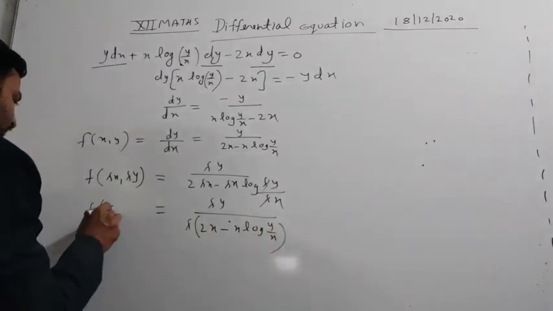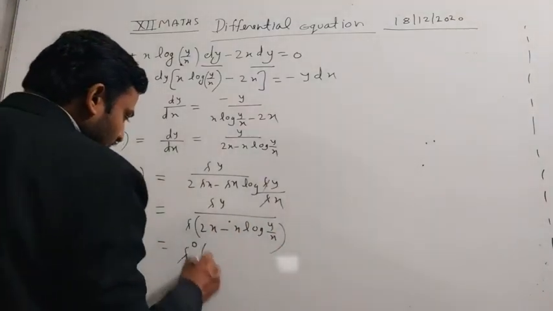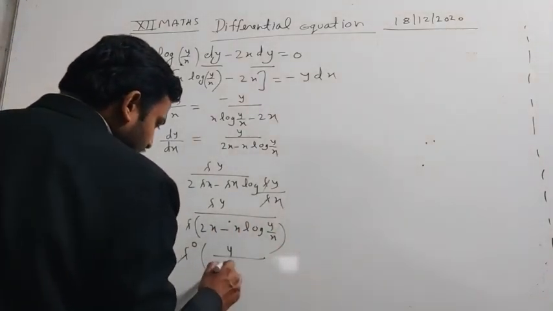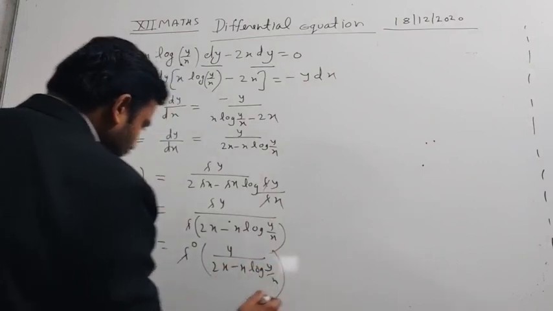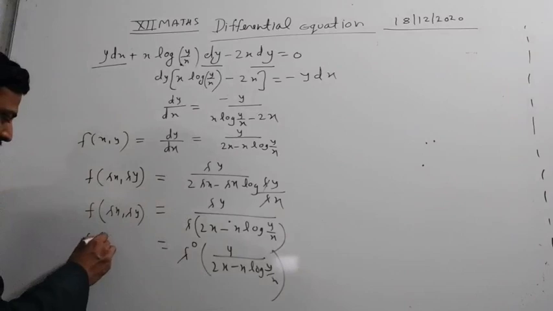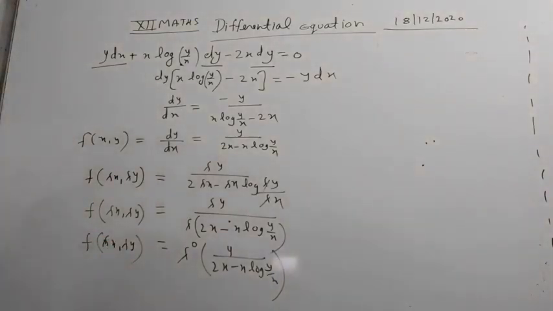So we see that this is an equation of degree 0, so f of lambda x, lambda y equals f of x, y. The function is homogeneous, and hence the equation is homogeneous.